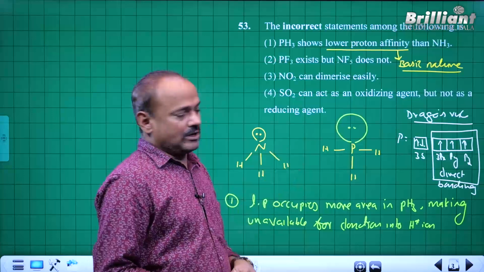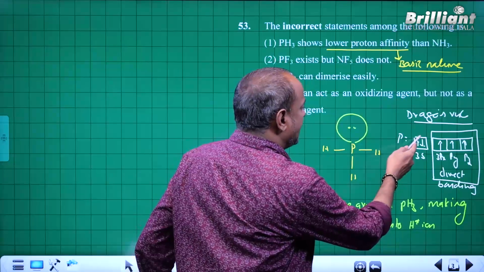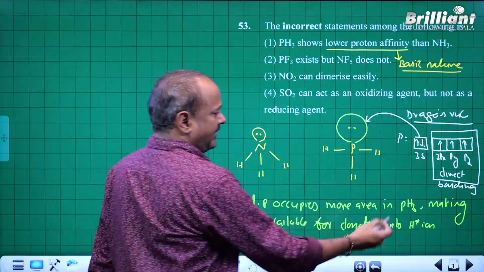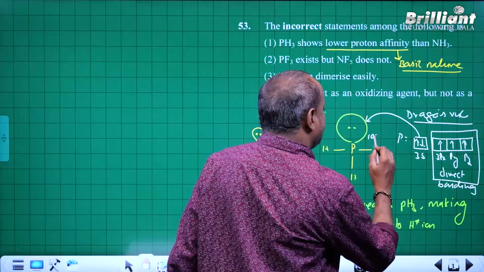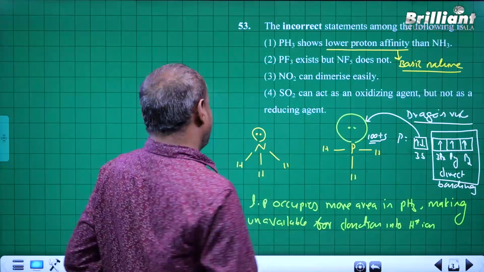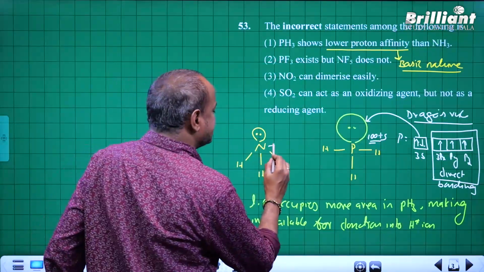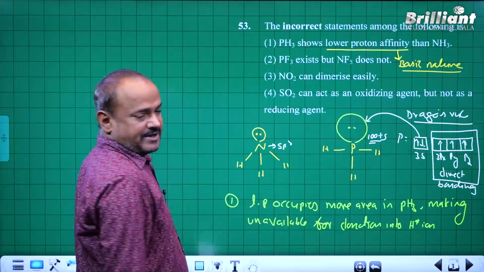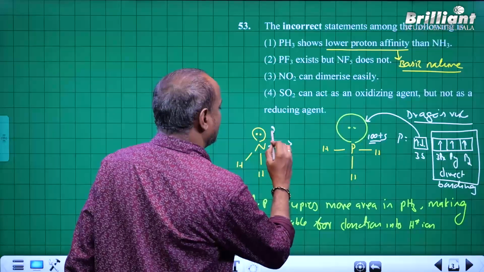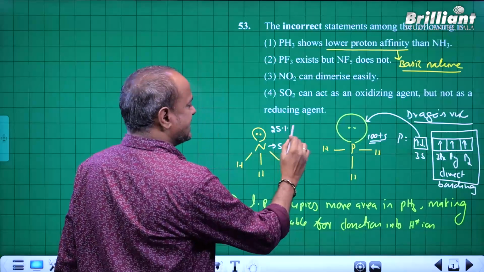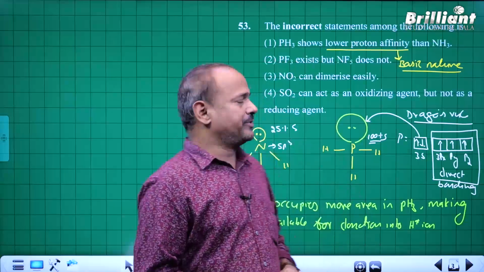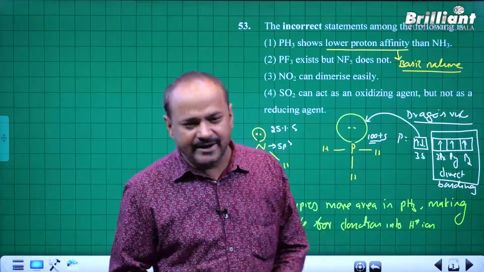Second one, the lone pair is present in a pure s orbital, that is 100% s character. But in ammonia it is sp3 hybrid, so s character is 1/4, only 25% s character. As s character increases, nuclear attraction increases, and donation of the electron pair decreases.